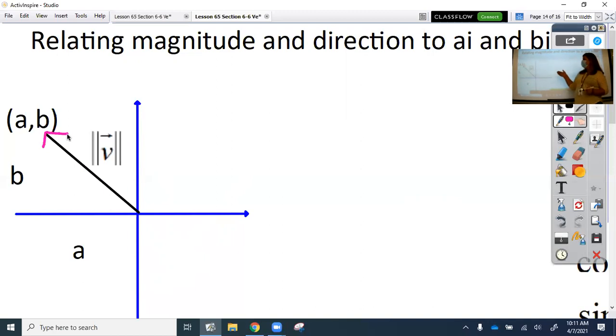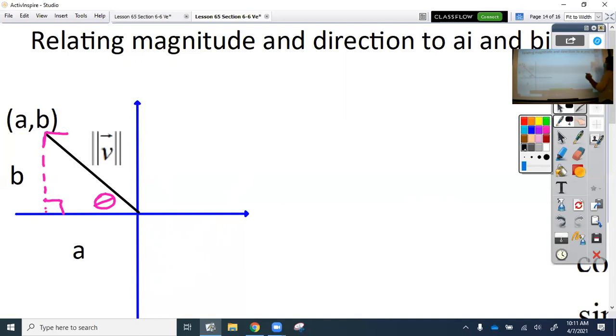So we know that our x distance, the i component in this case, is a, and then b is our j component. And we know, because we're talking about x and y, that makes a right triangle. Just like in trig, there's our theta, we have an angle. So now we can get some relationships going.